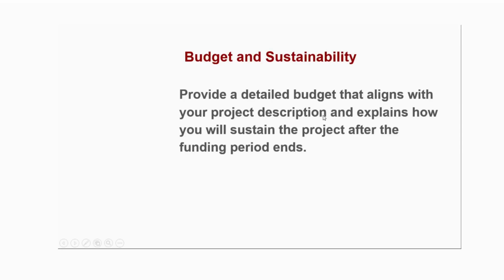For example, if it's about data collection, you want to explain that data collection will have these activities and this amount they will cost. You'll also need to show that the project you're undertaking is sustainable within the periods that you have indicated in your proposal.